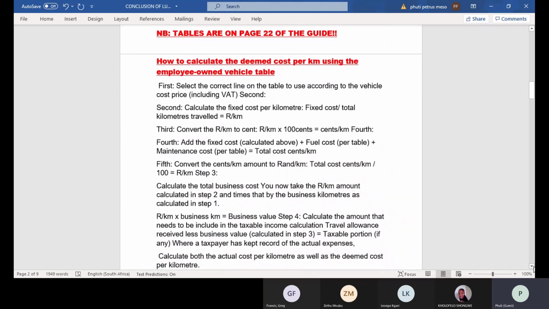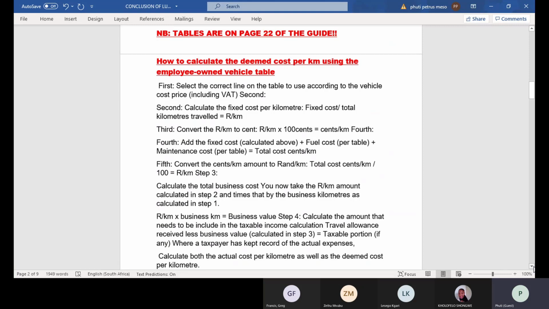But let's look at how to calculate the cost per kilometer using the employee owned vehicle. The first would be you select the correct line on the tables to use according to the vehicle cost price, including the VAT. The second part will be to calculate the fixed cost per kilometer, which is the fixed cost divided by the total kilometers traveled.